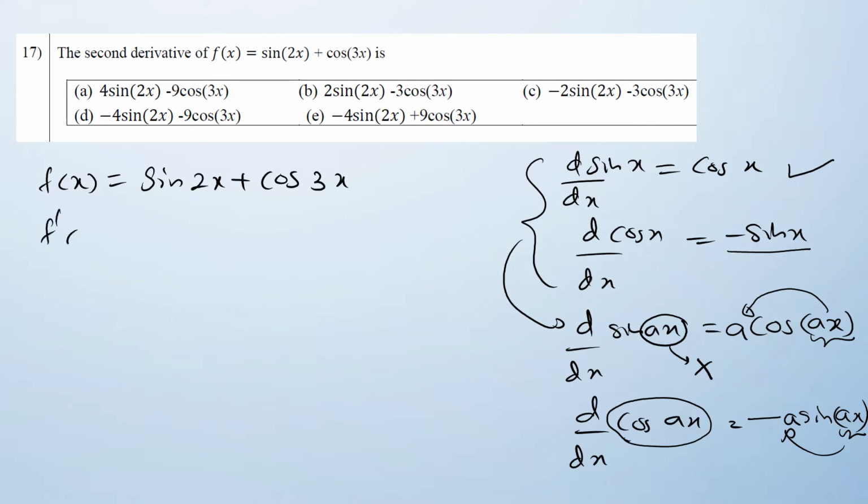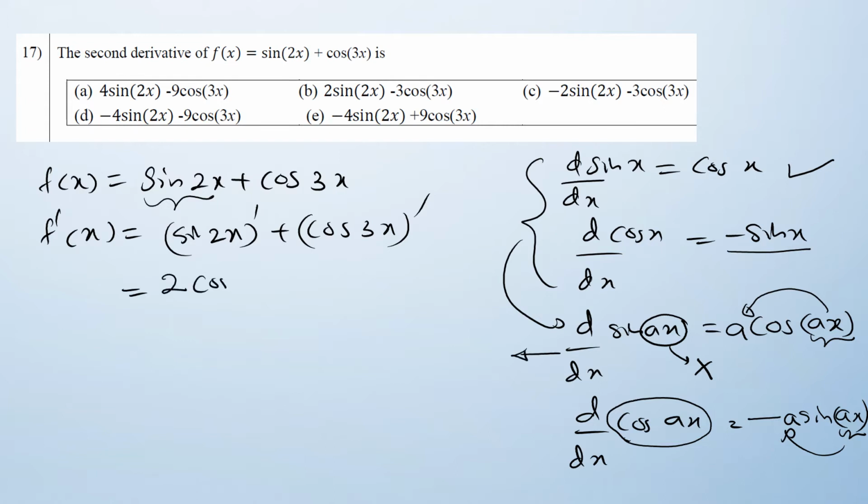When we find the first derivative f dash x, it is the derivative of sin 2x plus the derivative of cos 3x. So the sin 2x derivative is given by this: the constant is 2, and cos 2x is there. Cos 3x gives minus sin 3x, and the constant is 3.